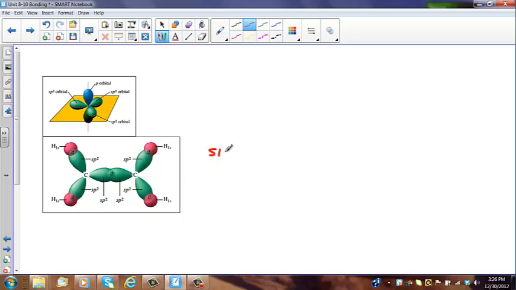We've got sigma bonds and we have pi bonds. And the symbol for sigma is going to be this, and the symbol for pi is going to be like that. A double bond, which is what ethene has, is made up of a sigma bond and a pi bond.